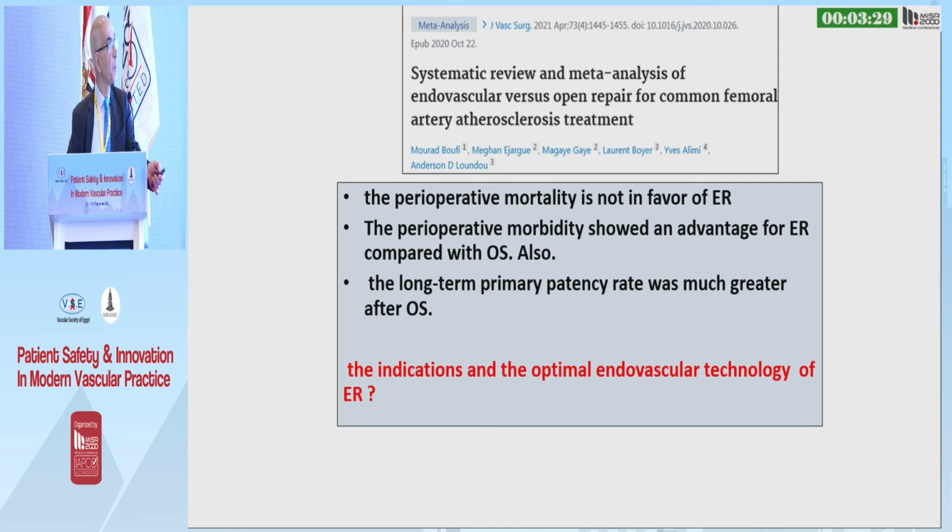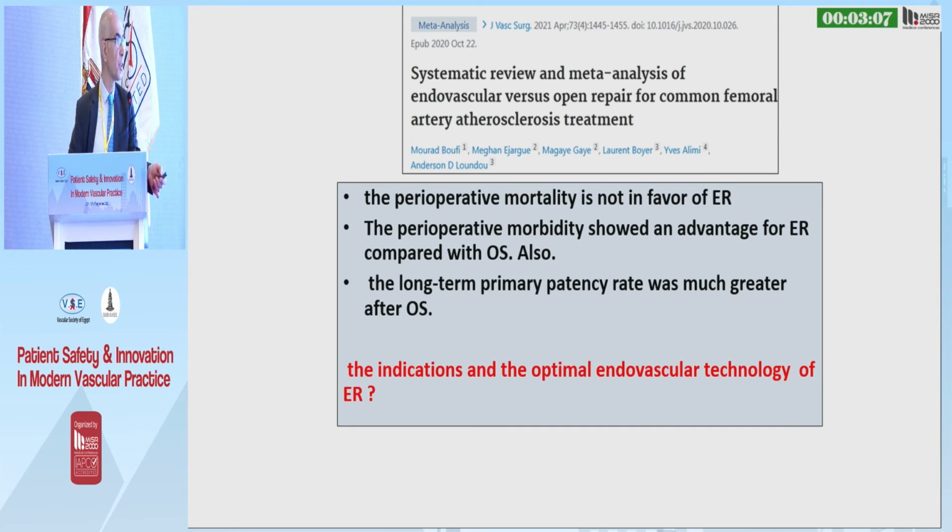This is a new paper from Marseille for the endovascular treatment of the common femoral artery, the subject of the next presentation. The perioperative mortality is not in favor of endovascular repair.